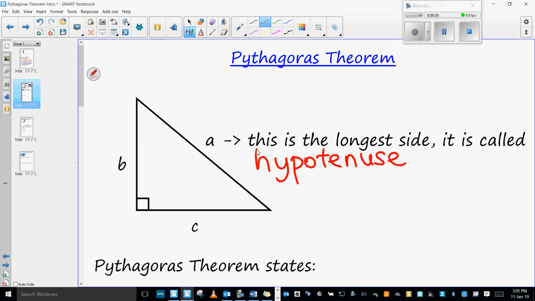And it's actually always situated in the same place. It's always opposite the right angle. So in a diagram, this length here, that's opposite the right angle, is always going to be the longest.